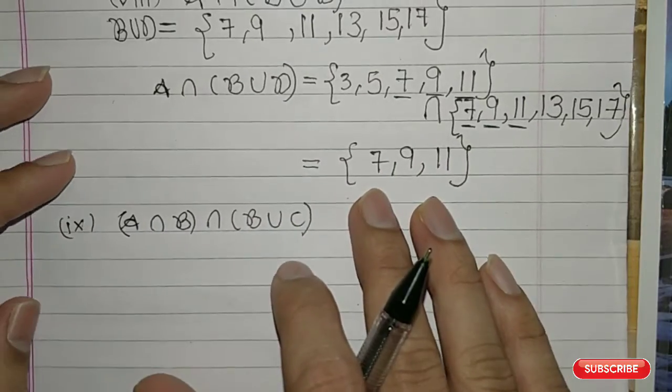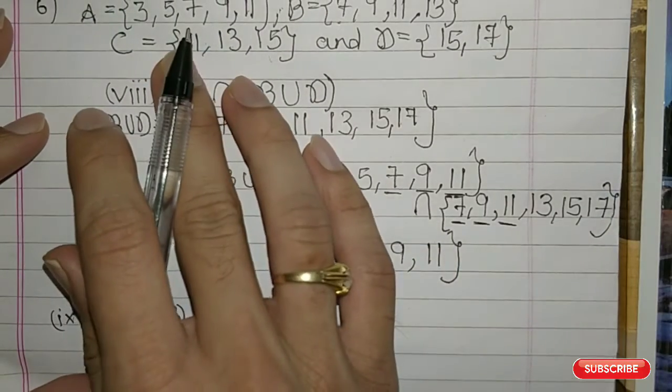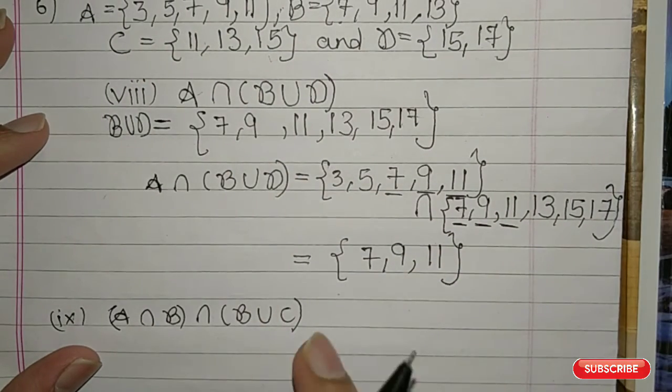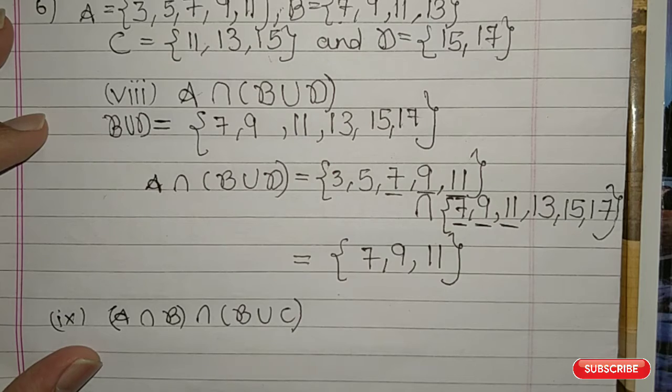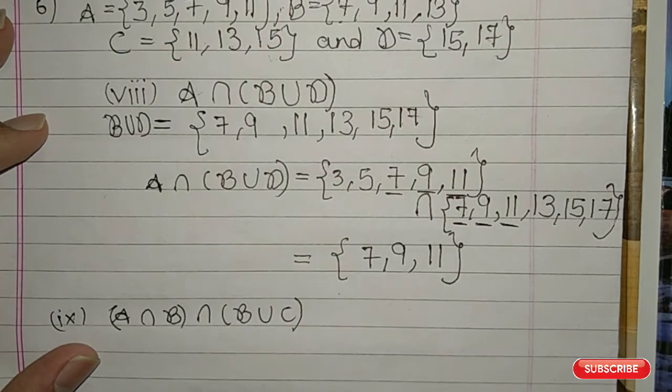Now what are the sets here? A is 3, 5, 7, 9, 11, and B is 7, 9, 11, 13.